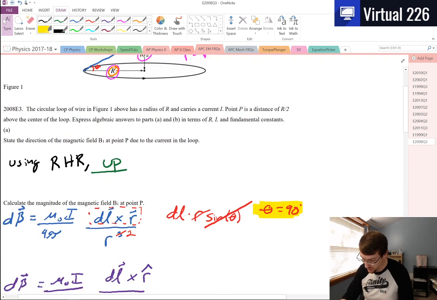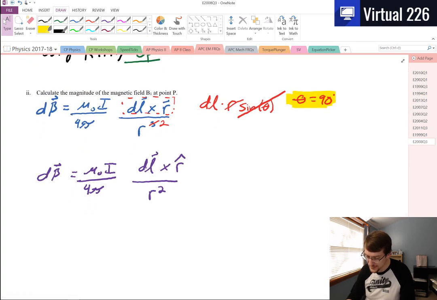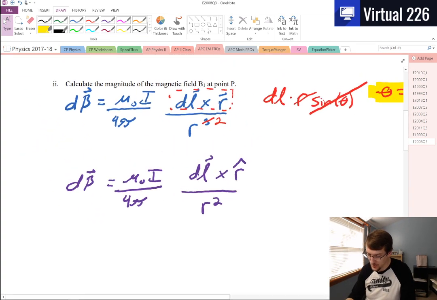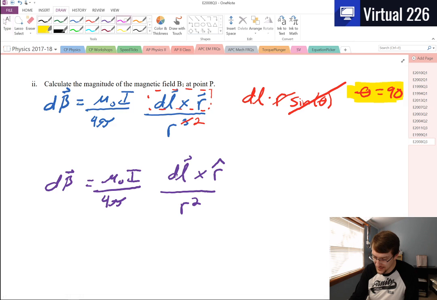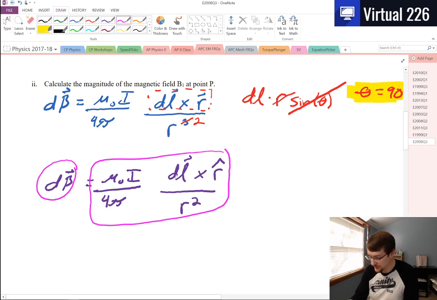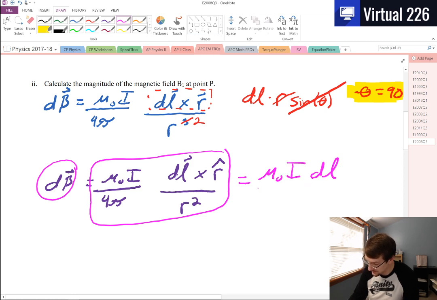What's going on here? Well, when we come back down to the bottom, what we're going to see is that dB equals this. And if we get rid of our r hat vector, because we know the sine component is going to equal 1, this is going to equal mu naught I dl over 4 pi r squared. Okay?